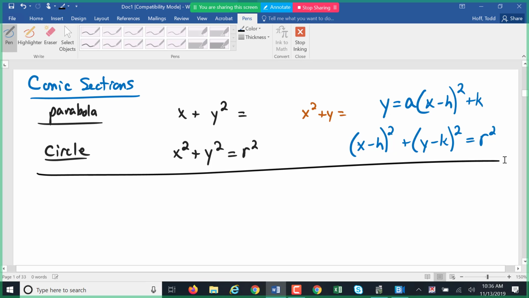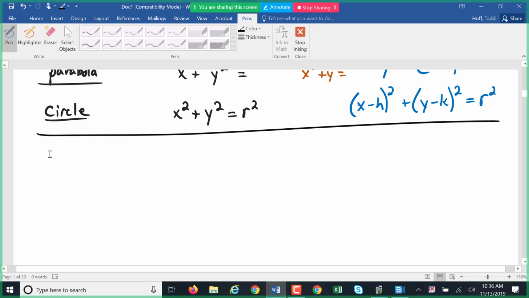Two shapes that are conic, the other two conic sections, because there are 4 total, that we have not looked at yet. One is an ellipse. An ellipse, of course, is just that oval shape. Mathematically, it's actually an elongated circle.